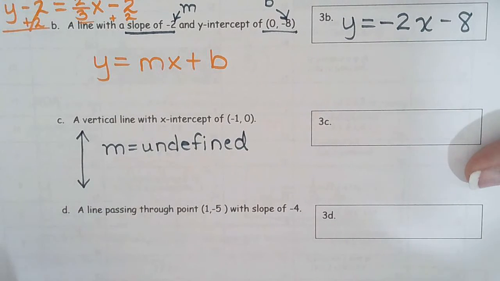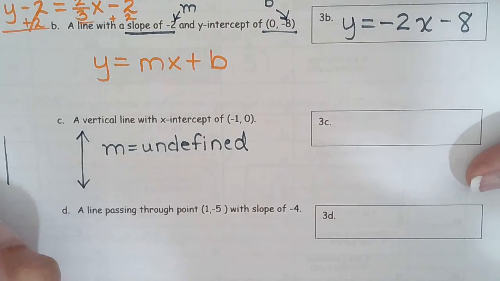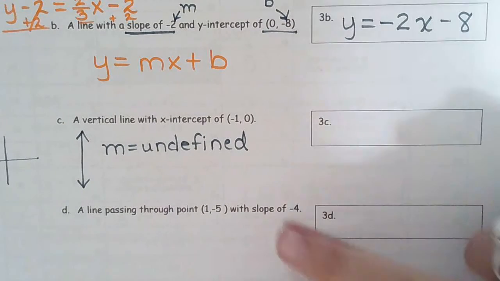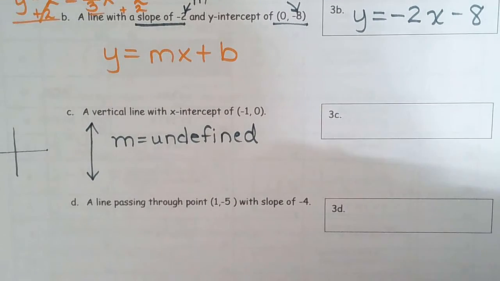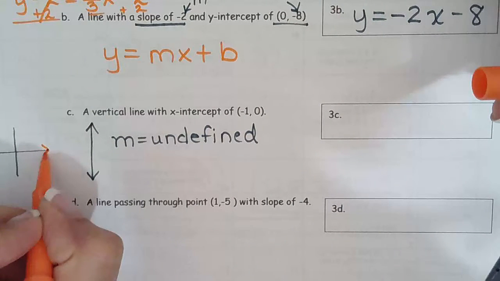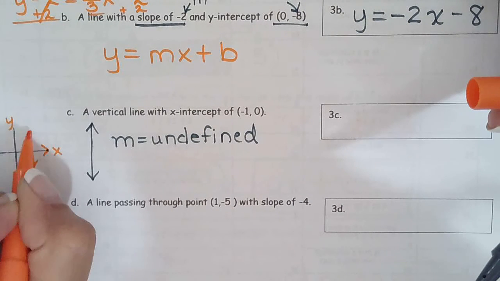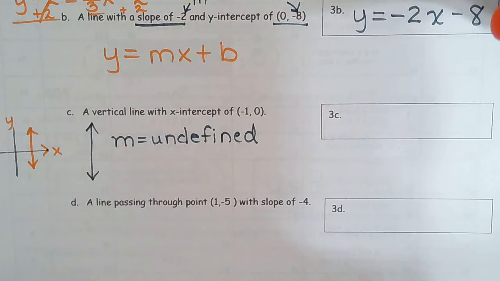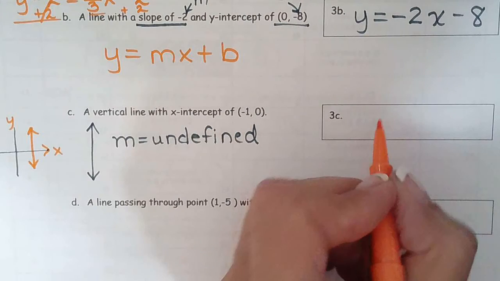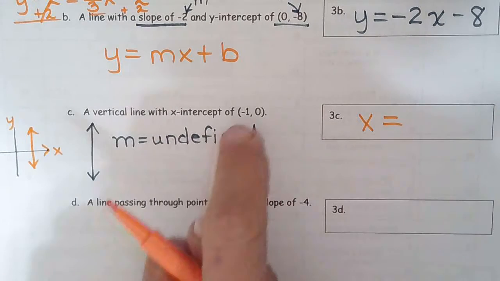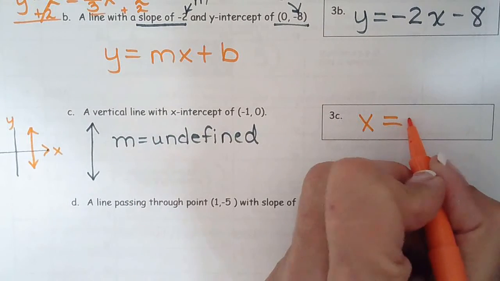Second thing is when you have a vertical line, it only goes through the x-axis. So remember how it's always just one letter, x equals, because it's named by the axis it passes through. So x equals, and you look over here and go, oh, -1.